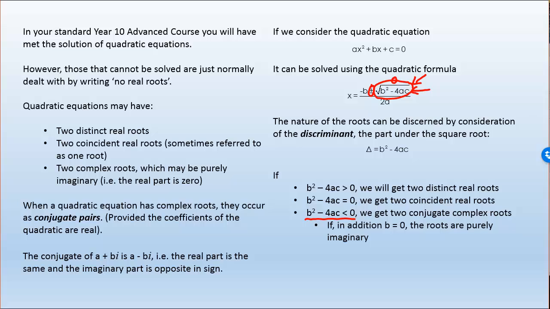If the b in the equation, that's this coefficient just here, is equal to 0, the roots are purely imaginary. And you can see why that's the case. I'm just going to clear everything.